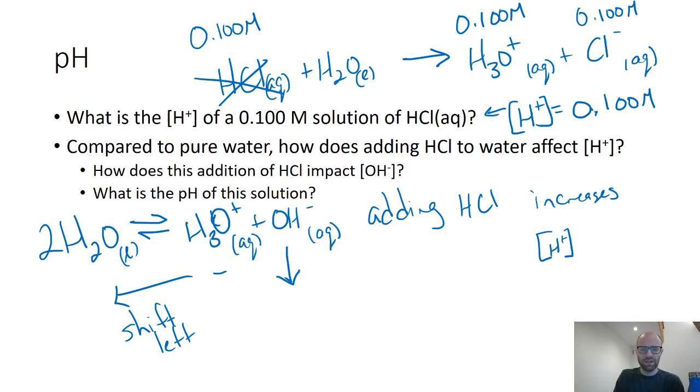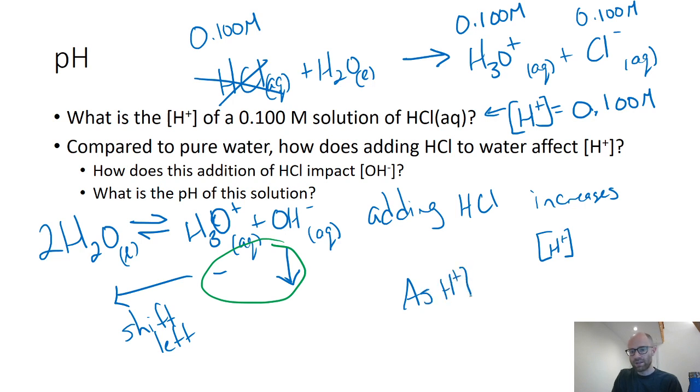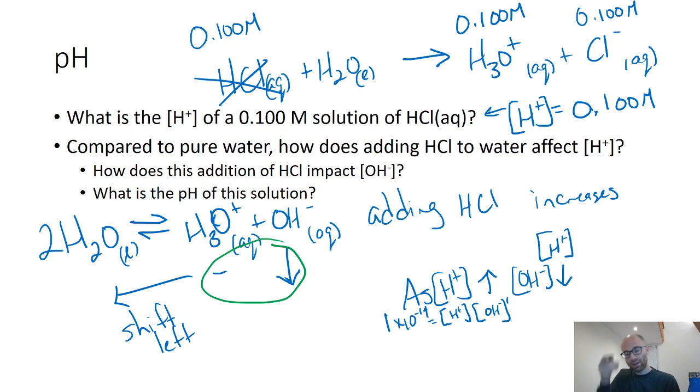This is the important observation to make: as H plus concentration increases, OH minus concentration decreases, and we know that because they always have to multiply to equal 1 times 10 to the minus 14th. That'll come into play on the next slide.